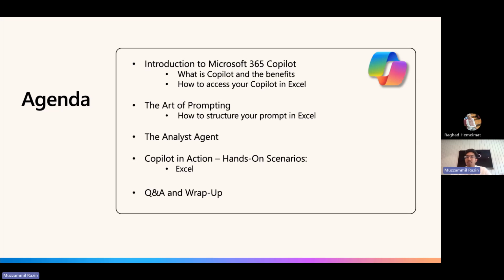We'll also be looking into how you can prompt your Copilot within your Excel, how you have to structure your prompt. And then we'll be focusing on an agent that has been pre-built by Microsoft. And the agent is called the Analyst. Now, as the name signifies, it is an analyst or a data scientist or a data analyst, which is pre-built by Microsoft, which you can make use of inside your work environment, inside your Copilot chat.